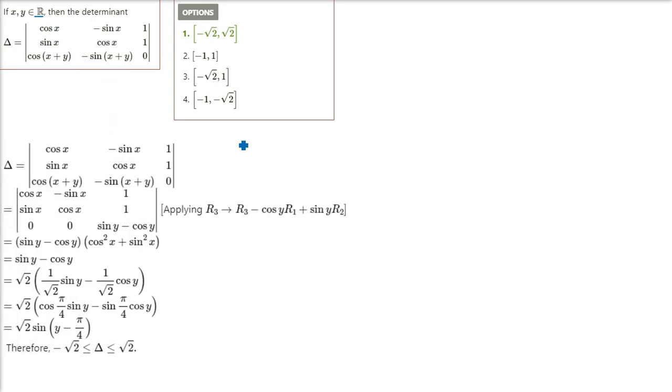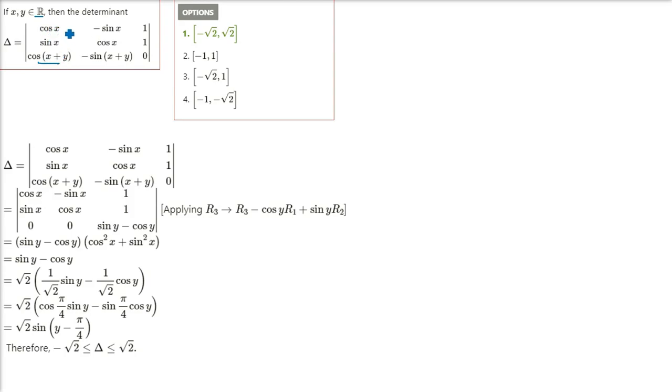If x, y belong to R, then the determinant. So x, y are real. Okay, let us see here. Now you have to see what cos(x plus y) is. You need to know what cos(x plus y) is when we open it. Because whenever we read trigonometric identities, those formulas will be used everywhere.